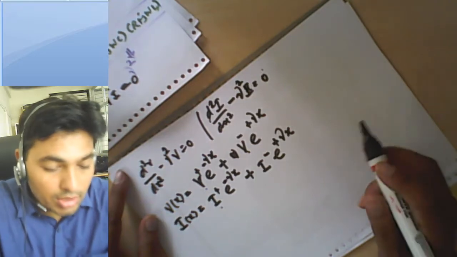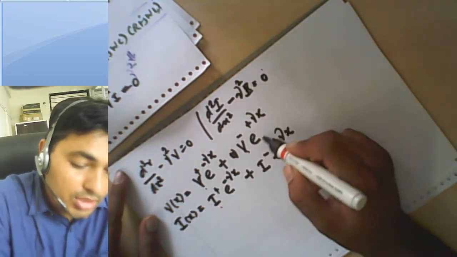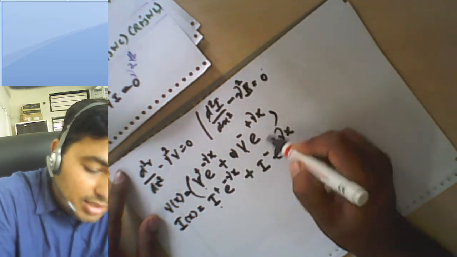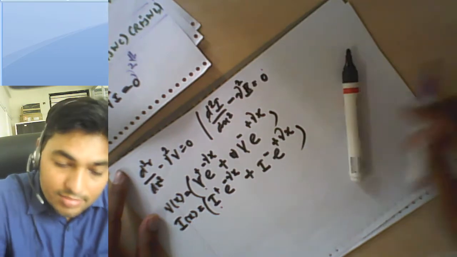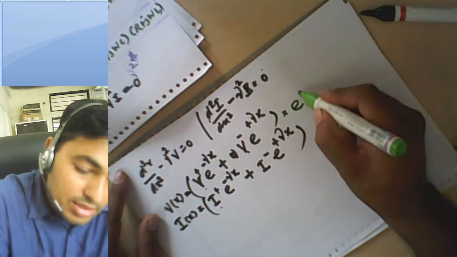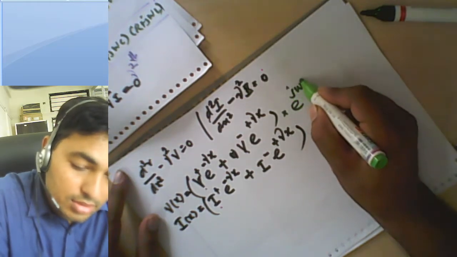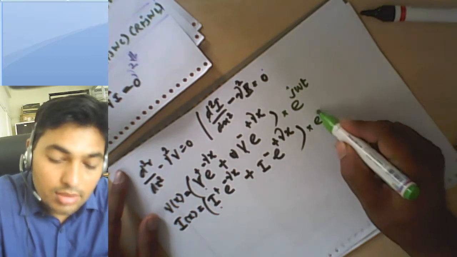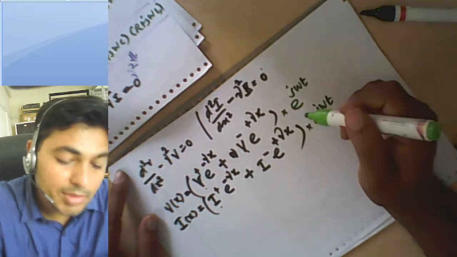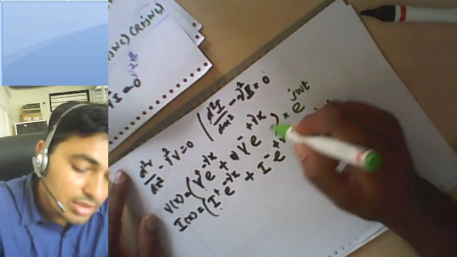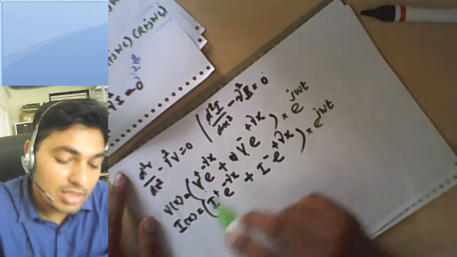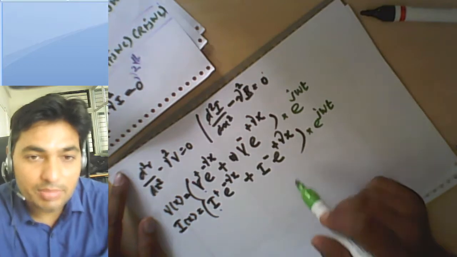Okay, so we'll move further. So this is the voltage equation and this is the current equation. Now inherently these are with respect to time also. So implicitly we will multiply this with e raised to j omega t. It means these are also varying with respect to time.